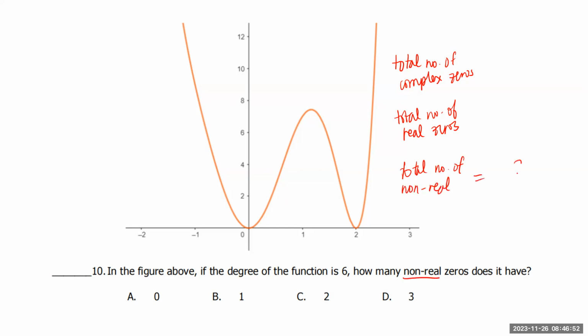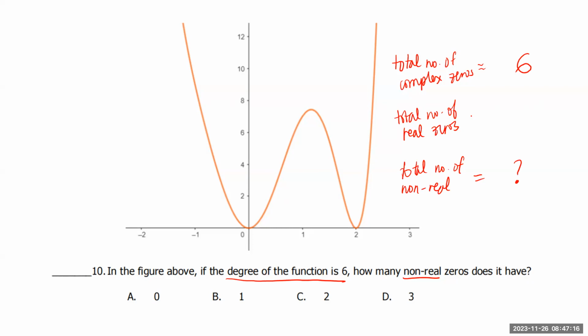So ito yung hinahanap natin. So how do we get the total number of complex zeros? Again, it can be obtained by just looking at the degree. So sinabi sa problem, degree of the function is 6, therefore the total number of complex zeros is 6.